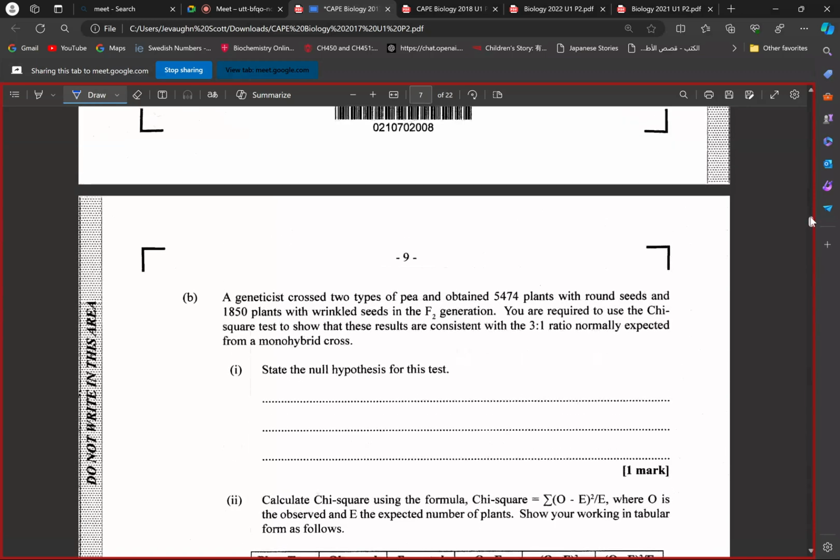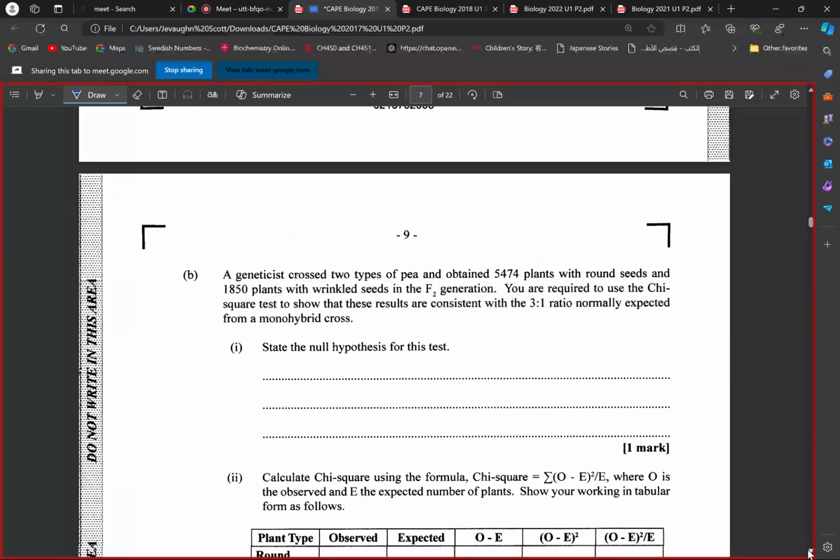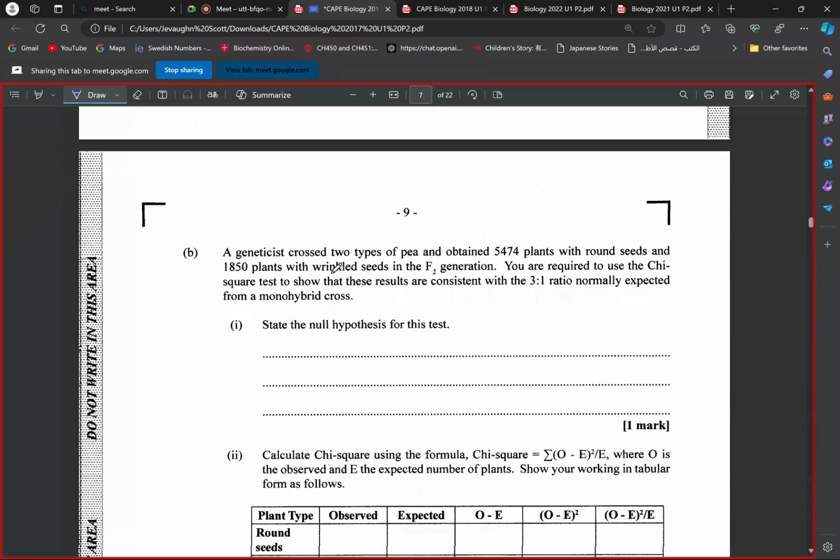Now a geneticist crossed two types of pea plants and obtained 5,474 plants with round seeds and 1,850 plants with wrinkled seeds in the second filial generation. You are required to use a chi-square test to show that the results are consistent with the 3 to 1 ratio normally expected in a monohybrid cross. So what is the null hypothesis?